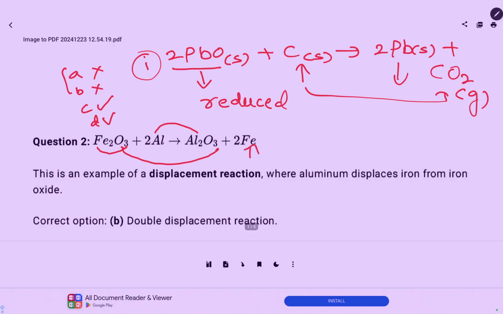So we have a displacement for both iron as well as oxygen. So it is a double displacement reaction.